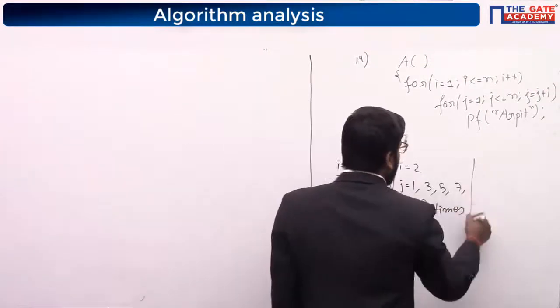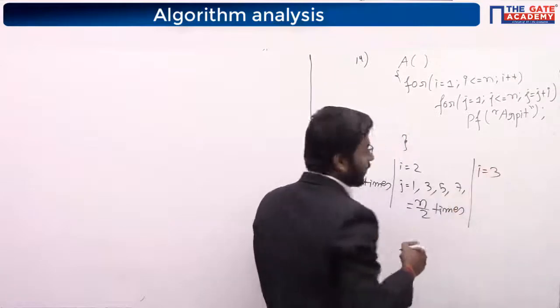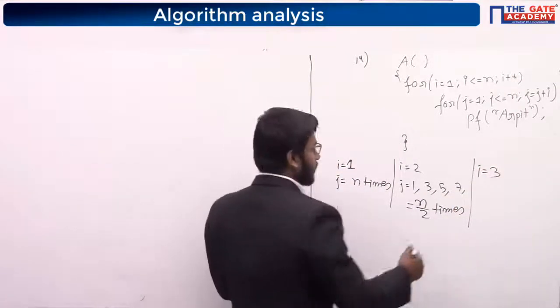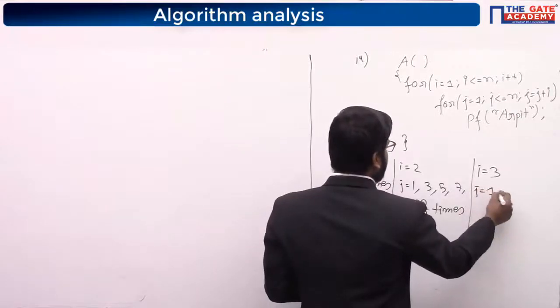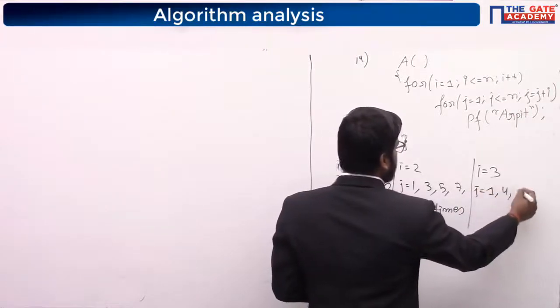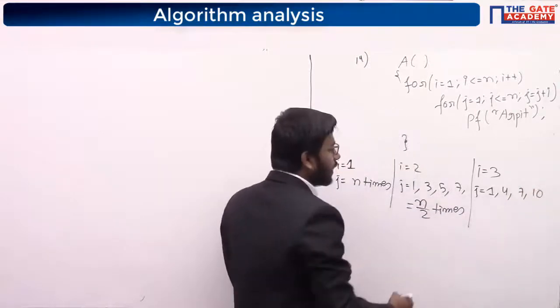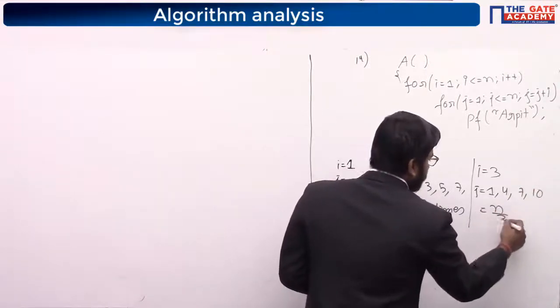Now when i is 3, it will miss two numbers. j equal to 1, then 4, then 7, then 10. So it will run n by 3 times.